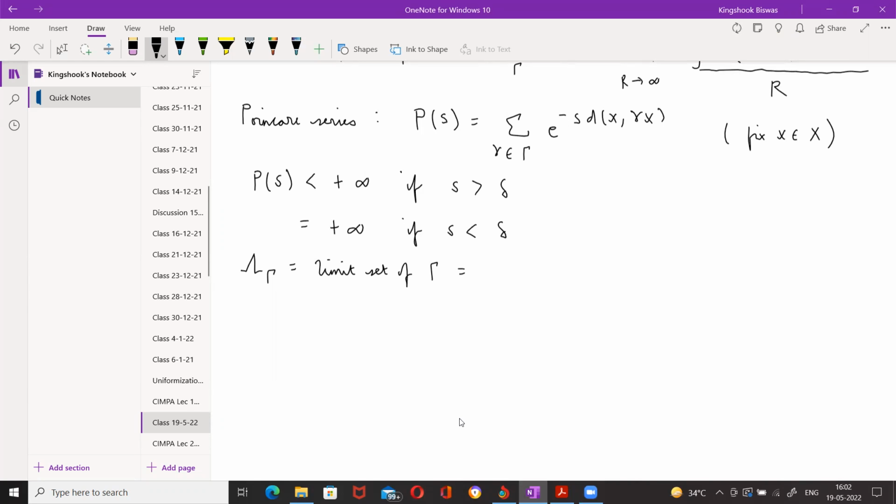And this is the closure of the orbit of x minus the orbit of x.